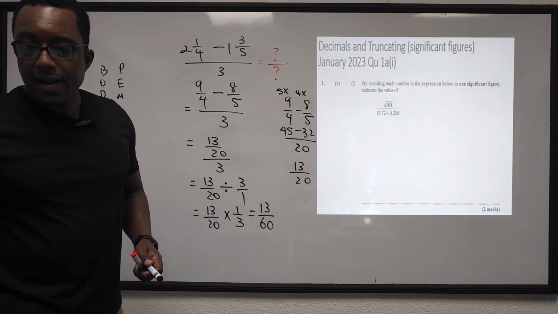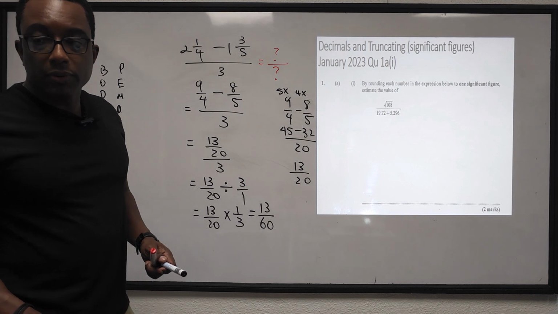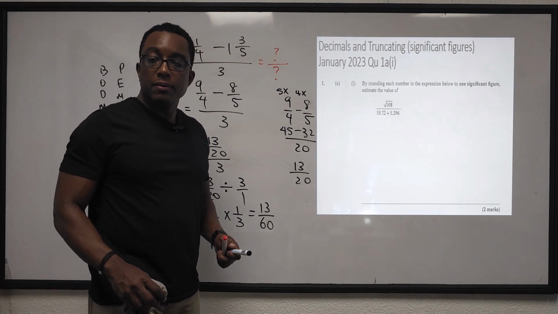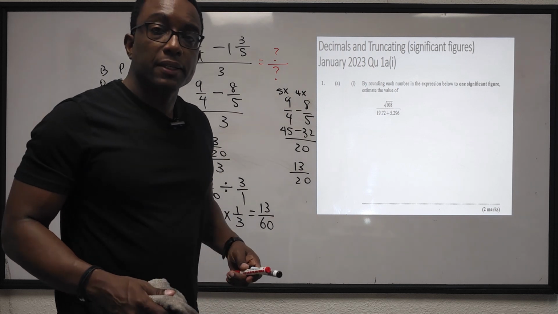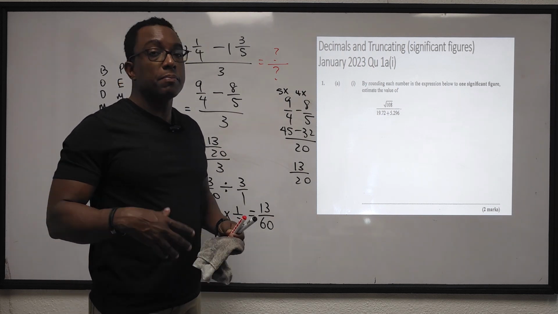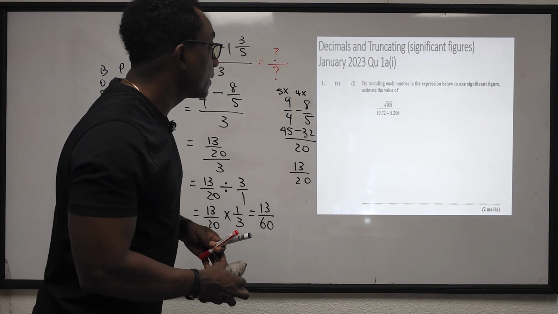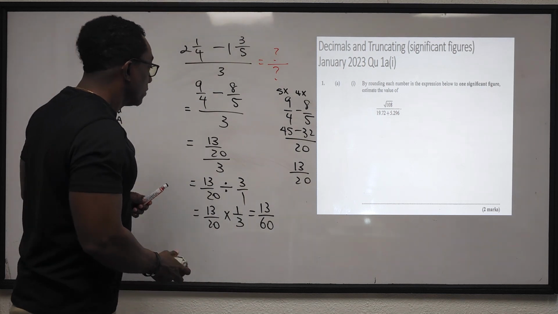Right, so we're looking here at rounding numbers to a number of significant figures, and of course testing your knowledge of adding, subtracting decimal numbers when necessary, multiplying, dividing decimal numbers when necessary. So let's get into it.